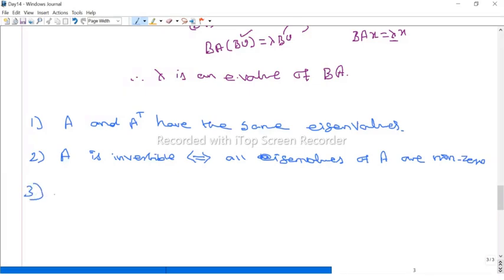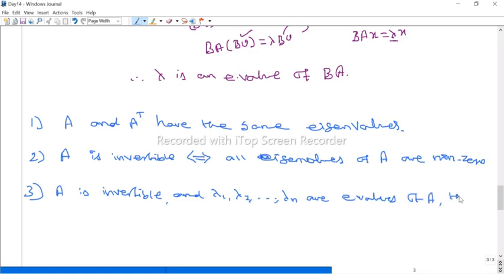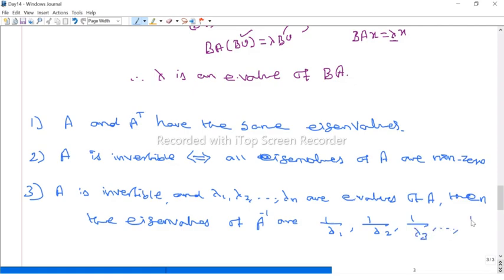Suppose A is invertible, and then its inverse is also invertible, because the inverse of A inverse is nothing but A. Suppose lambda 1, lambda 2, up to lambda n are the eigenvalues of A. Then the eigenvalues of A inverse are just the reciprocals: 1 by lambda 1, 1 by lambda 2, 1 by lambda 3, and so on, up to 1 by lambda n.